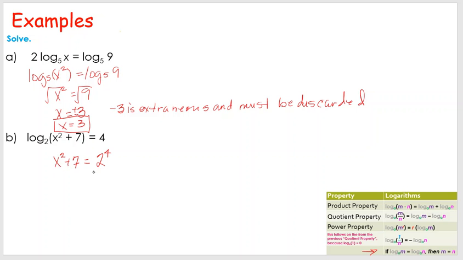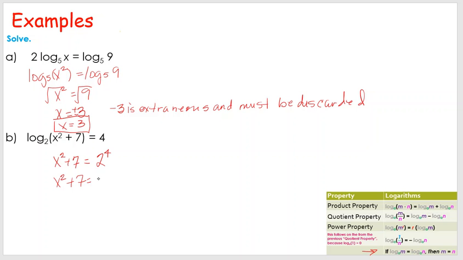So if you don't remember how to do that, you go back to the very second slide we looked at, to where we change exponential forms to logarithmic forms, or we can change logarithmic forms to exponential form. So on this one, I'm just going to work this out step by step.